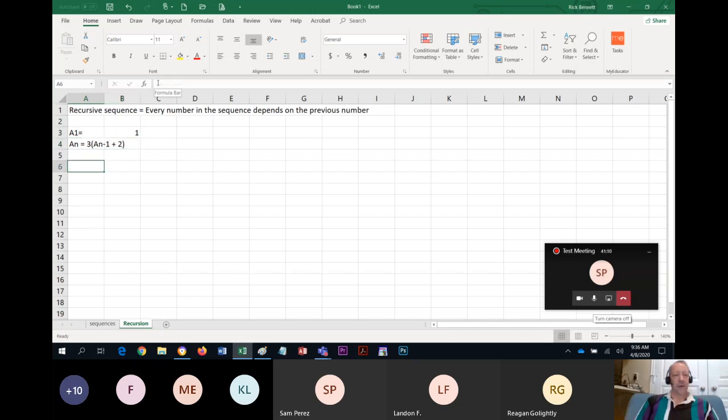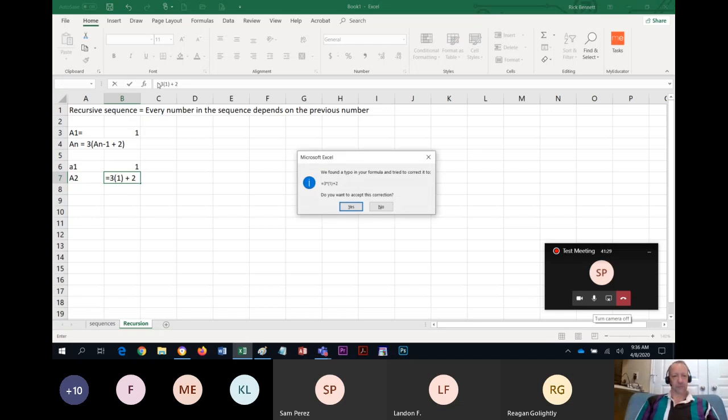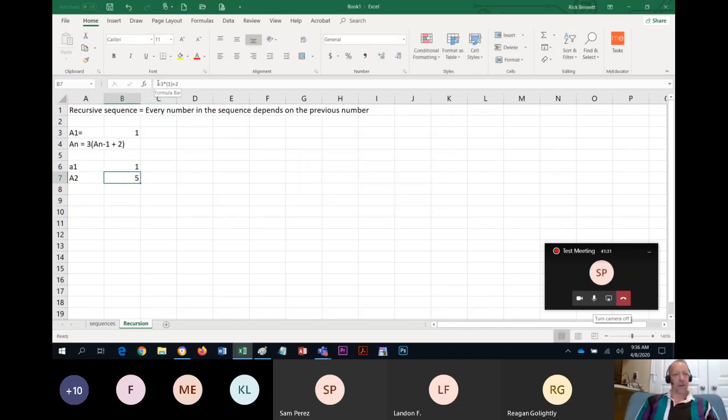Okay. So as I do this, a sub 1 is going to equal 1 because I gave that to you. A sub 2 is going to equal, in this case, 3 times a sub n minus 1, which is a sub 1. So 3 times your previous number, which in this case is 1, plus 2. And so that equals 5. Oh, that was funny that it was smart and did that.